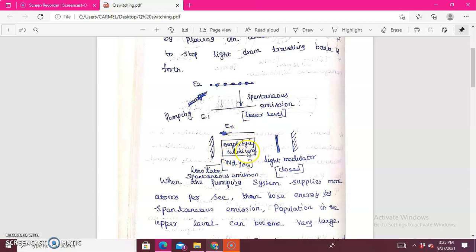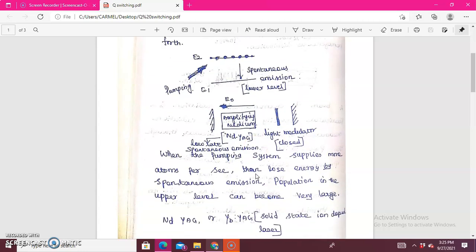When we use it as an amplifying medium, the spontaneous emission rate is very low. That is the reason they go for Nd:YAG. Using that, we can understand how much spontaneous emission will happen inside the energy level diagram. Once the pumping system supplies more atoms per second, the energy loss is very low when compared to Nd:YAG.